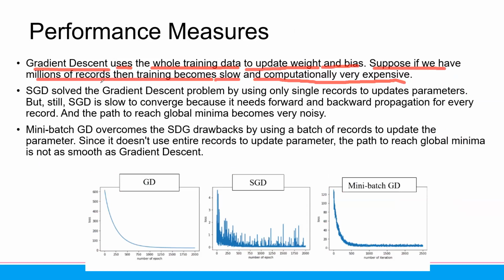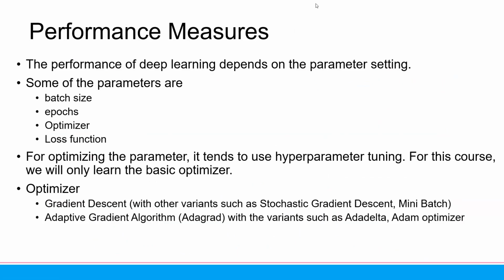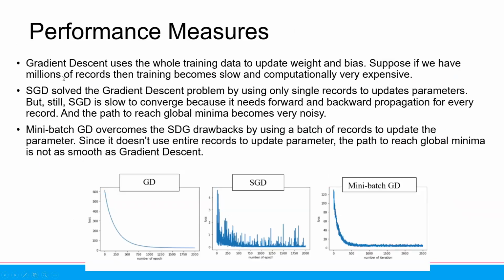There is another one, we call it SGD, the stochastic gradient descent. It tries to use only a single record. So if we have a lot of data, it uses a single record to update the parameters.